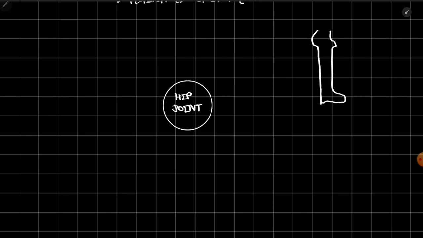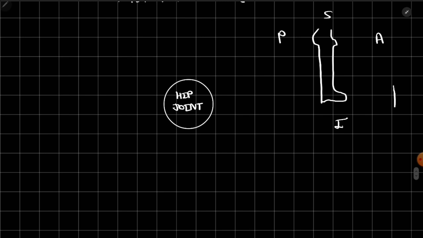If the person's leg is like this, this is the anterior aspect, this is the posterior, this is superior, this is inferior, this is the gluteal region. Okay, so we are cutting a person from the lateral aspect. So let me give the orientation to the figure which we are going to draw now: anterior, posterior, superior, inferior. Okay, and we are seeing from the lateral aspect.